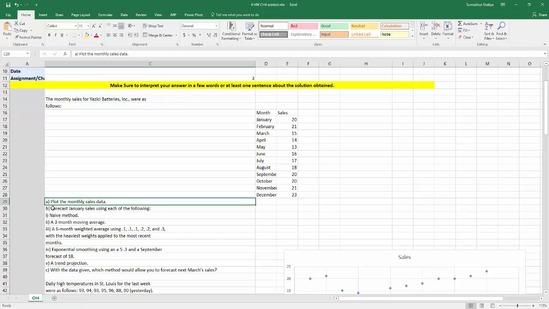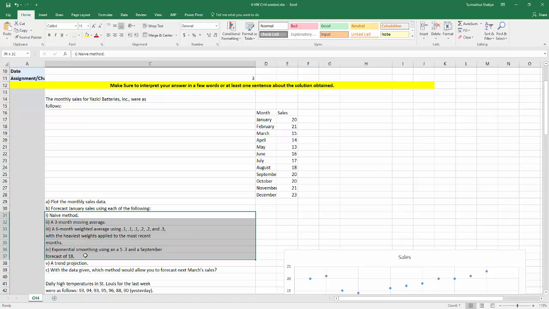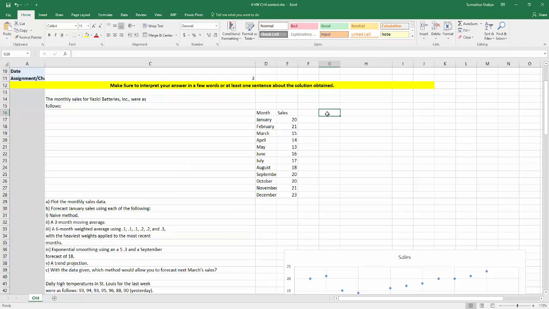Now the second question is about the quantitative approach, which uses various methods. The first one is the naive method. So if we were to forecast using the naive method for the January sales, it would be this one here.